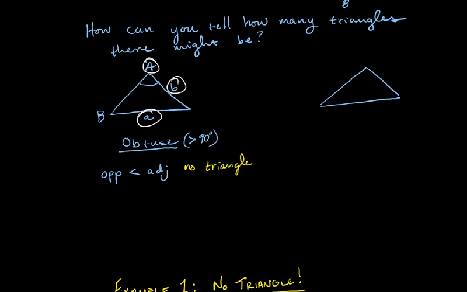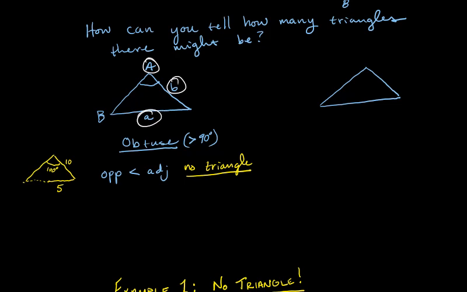And the reason being is, if you picture, say you have like 100 degrees, right, say this is 100 degrees, and then this side, the adjacent side, is like 10, and the opposite side is only 5. Well, you need it probably to be bigger than 5 in order to connect it all the way to the third side. So if the opposite side is less than the adjacent side and the angle is obtuse, you automatically know it won't create a triangle.